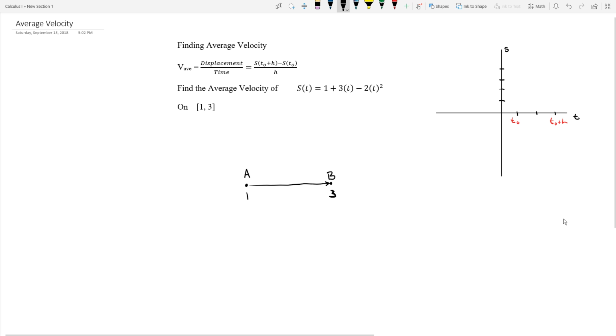So we can replace t sub 0 with 1, and we can replace t sub 0 plus h with 3. And that's because we're using average velocity, and those two times are given.